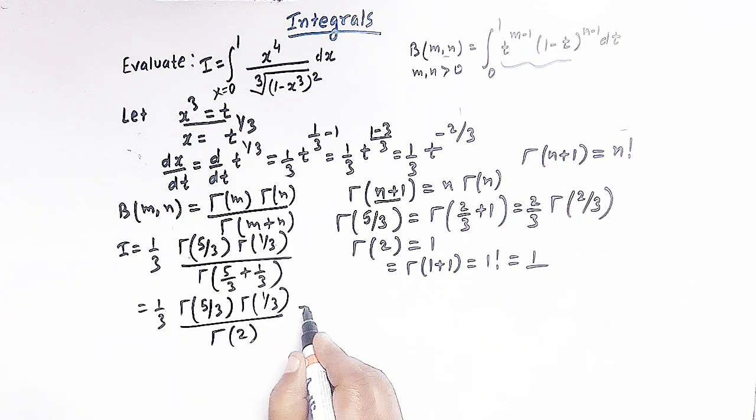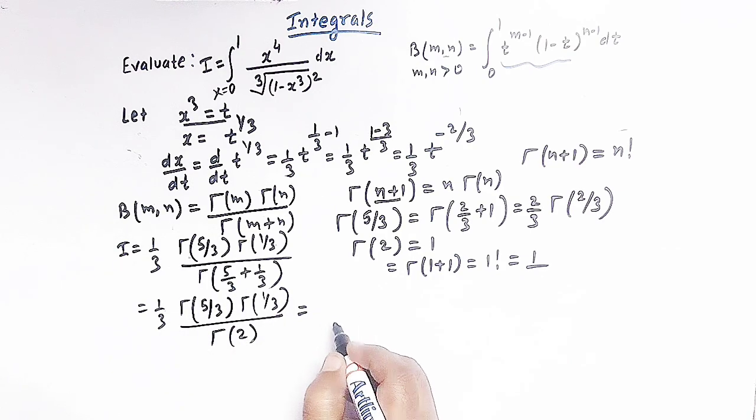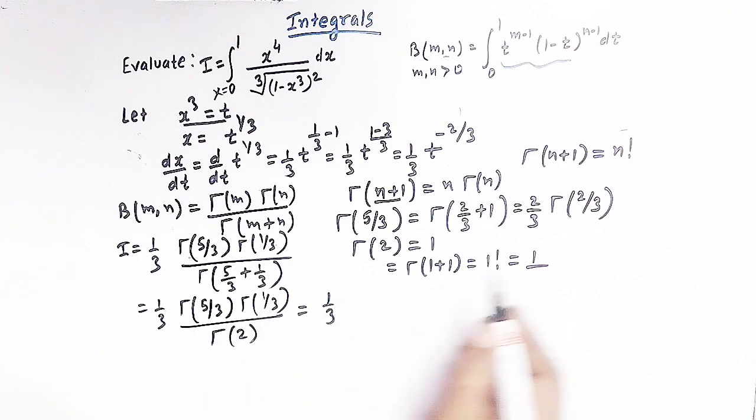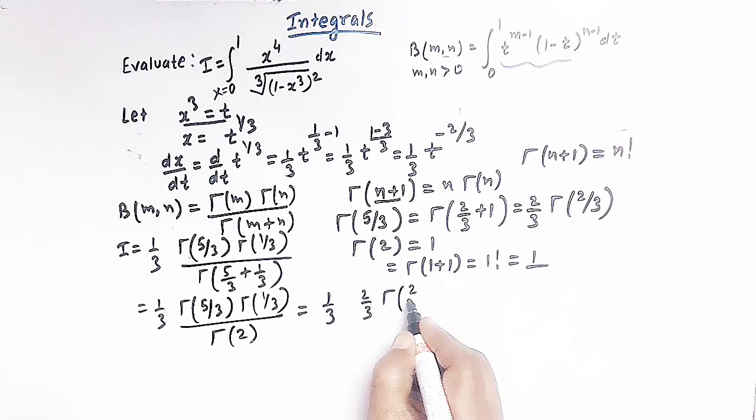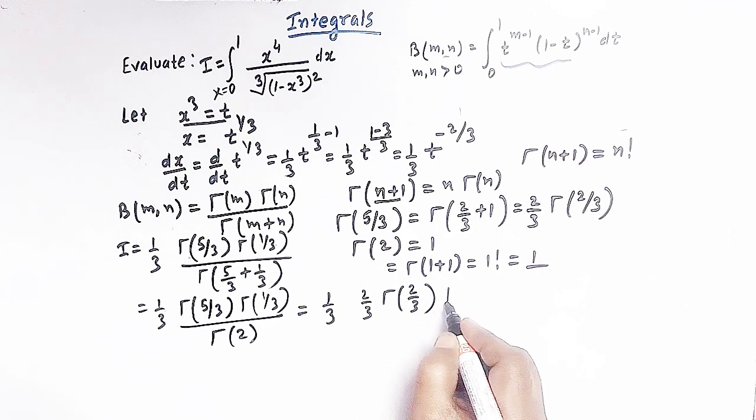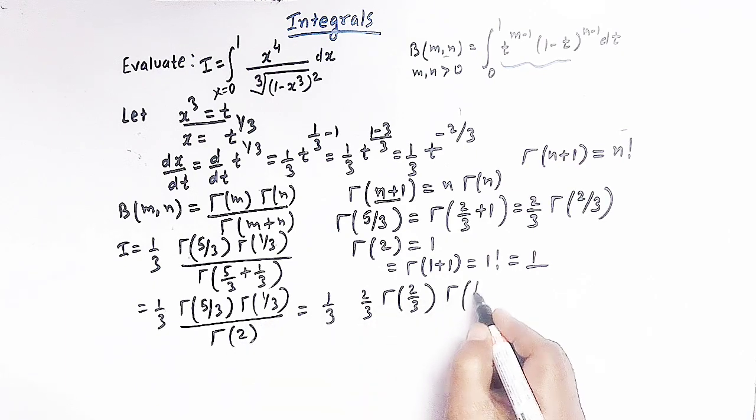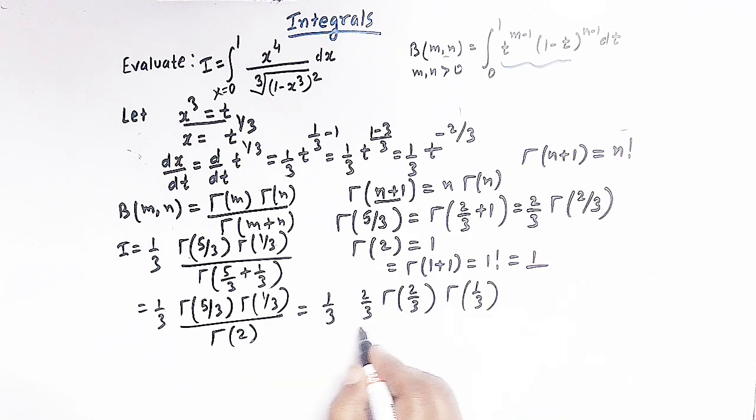So now we can write this expression as 1 over 3. Gamma 5 by 3 can be written as 2 over 3, gamma 2 over 3, and then we have gamma 1 over 3, and in the denominator we have 1.